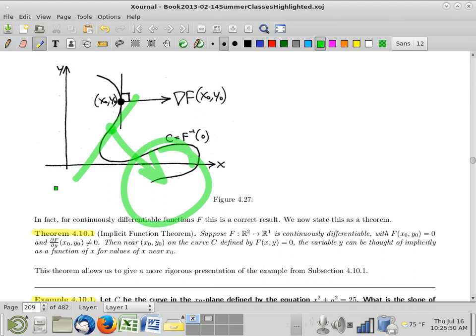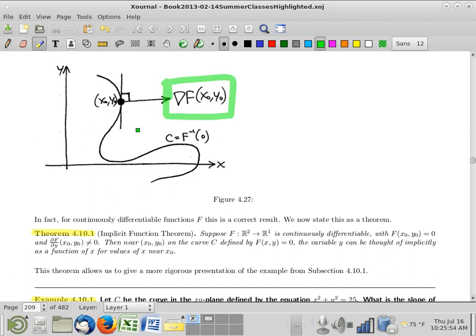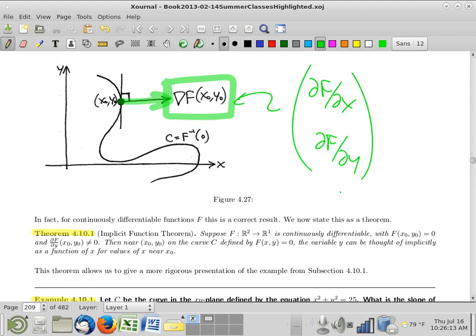Okay. So what we've gotten it down to then is this possibility here of a gradient vector that is horizontal. And keep in mind what the formula for the gradient vector is. The gradient vector is the partial of f with respect to x, the partial of f with respect to y. There's your gradient vector.